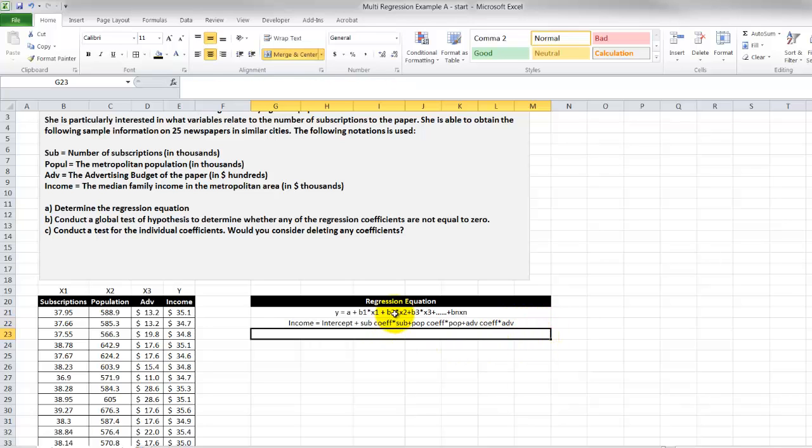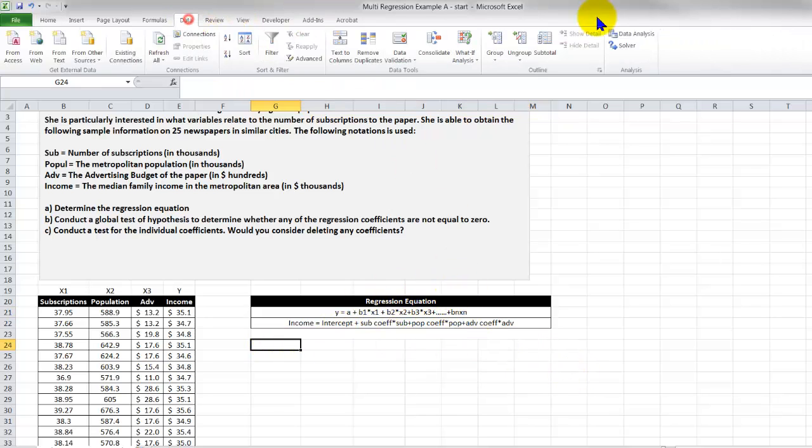So that is our general expression here that we're going to follow. So the first thing we need to do after we have identified the equation is run our analysis.